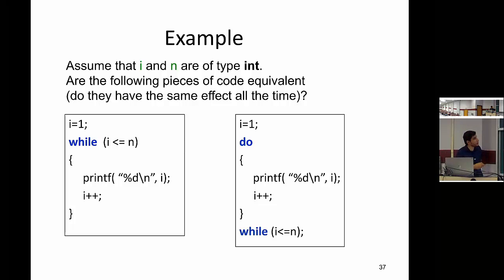Because if n is 0, I come here into the while, and 1 is less than or equal to 0 is false. I will never print anything, so this program will end up not printing anything in the console. But here, if n is 0, I end up executing this at least once. So I'm going to get 1, so I'm printing i and then incrementing i. Coming here, i will be 2, but n is 0, so I will never execute again. So you end up having 1 printed on the console.